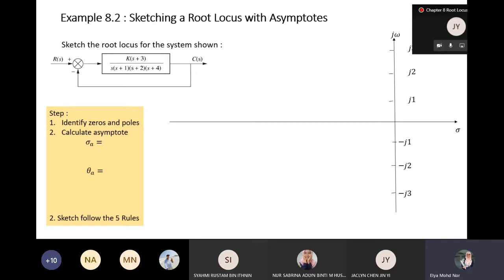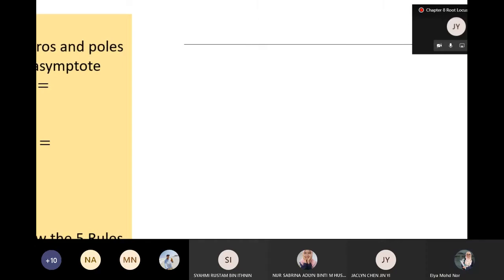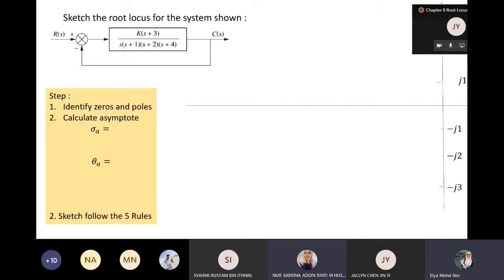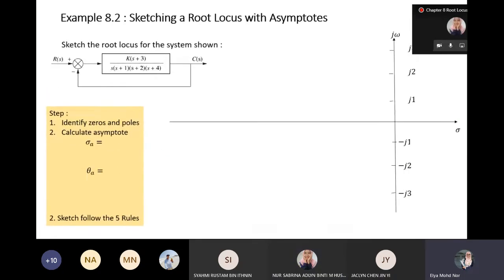What is the zero for this one? -3. So the zero is -3, right? We draw the axis here with -1, -2, -3, and -4. So the zero is at -3.